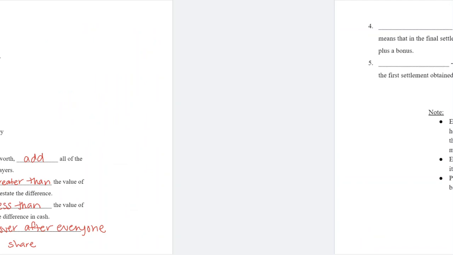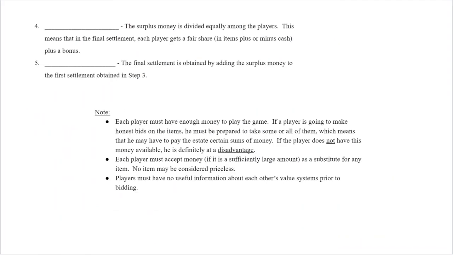Then the next step in our method is to divide the surplus. So we take that surplus money that we just discussed in the last step and divide it equally among the players. So this will be cash.